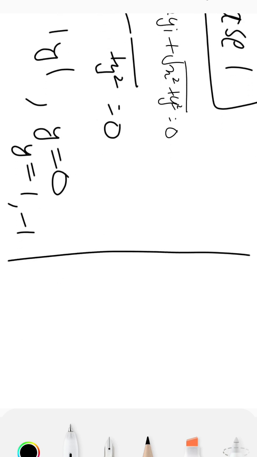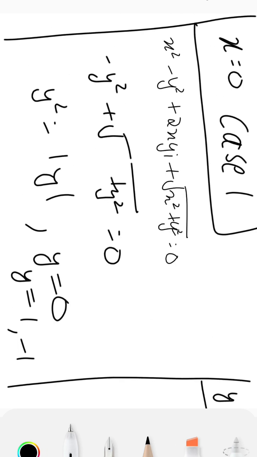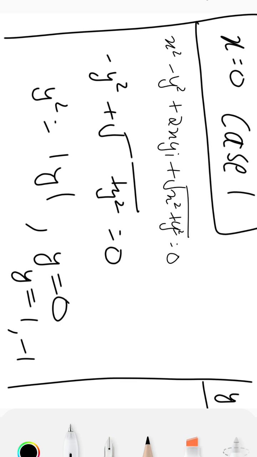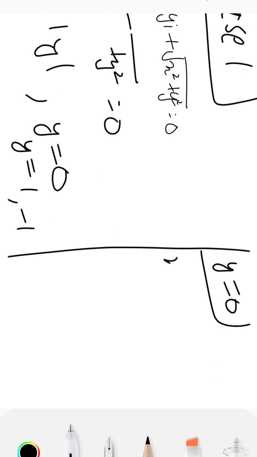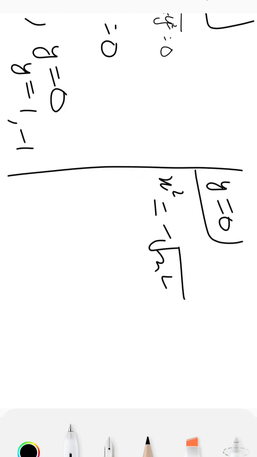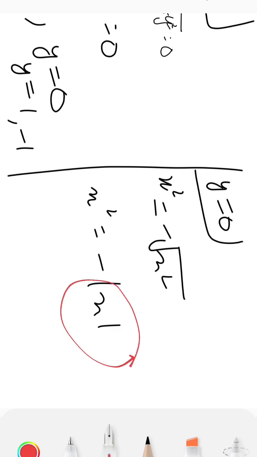Now for the next case where you have y equal to 0, that is the case 2. So you're going to have x square is equal to minus under root x square. That is going to give you x square is equal to minus mod of x. Now we all know that mod is always going to give you a positive quantity.